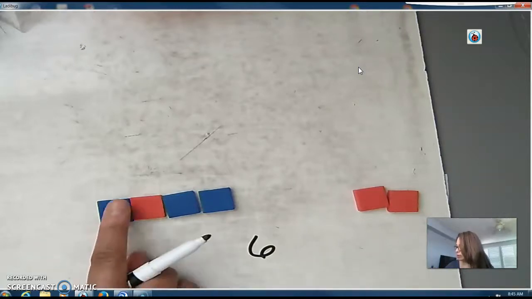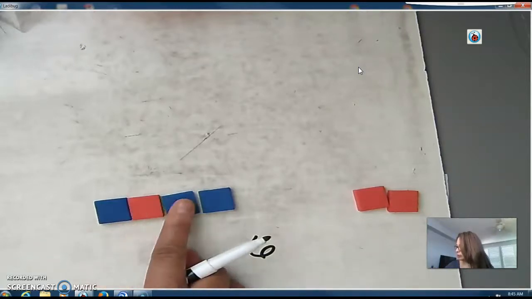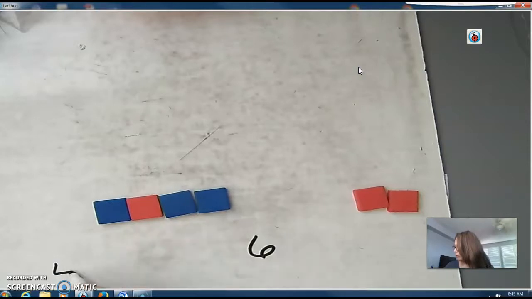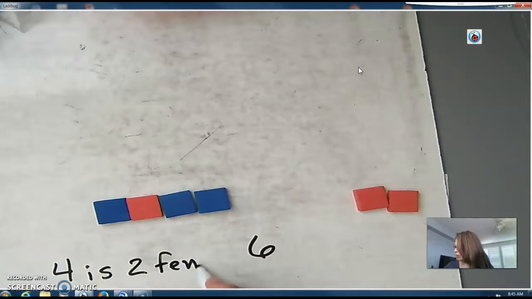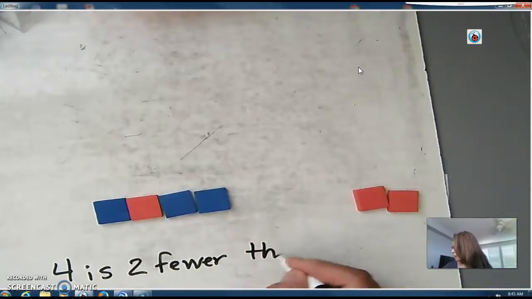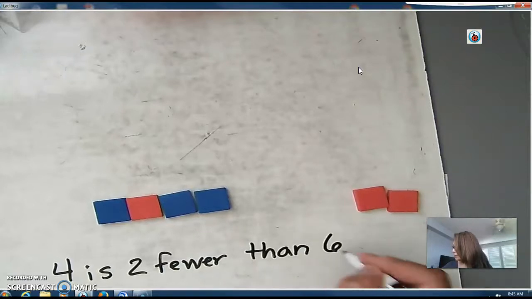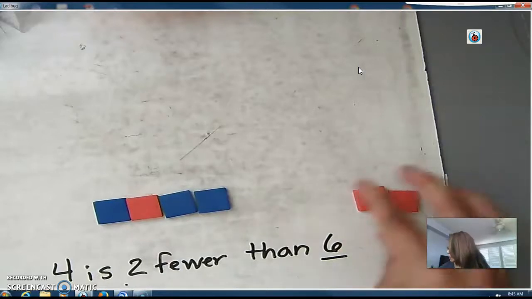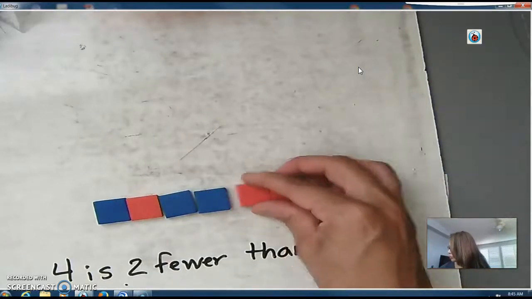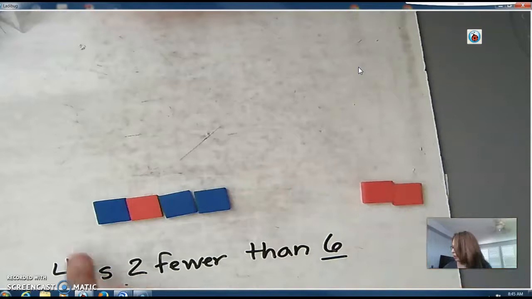So let's count. 1, 2, 3, 4. So 4 is 2 fewer than 6. All right. So when we took these two out, we are doing 2 fewer, and this would be our answer. We say 4 is 2 fewer than 6.